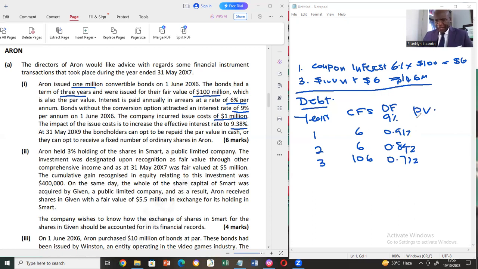When we multiply, this will give us 5.50, 5.05, and 81.85. The total here will be the debt component, 92.40. This is the debt component.